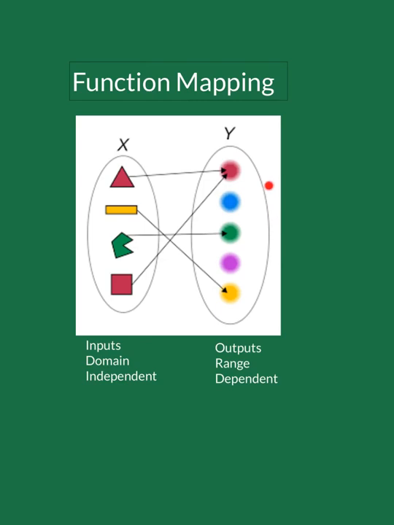This oval over here, this is what we call our outputs. So the results or the answers that we get. So these are the outputs. We also call this the range. Any eligible number that can be an output is in the range.